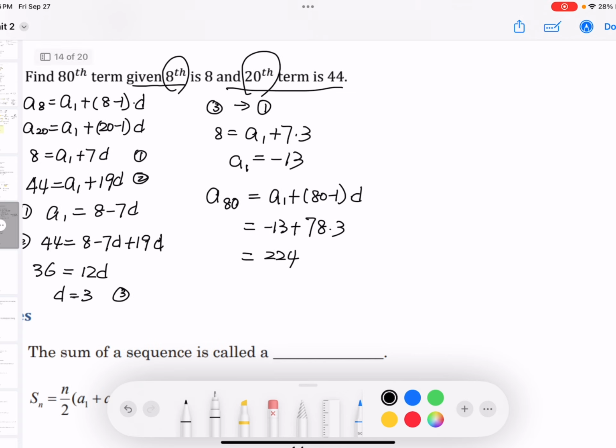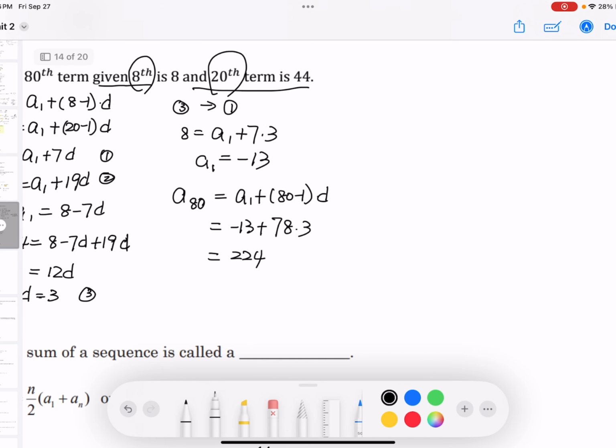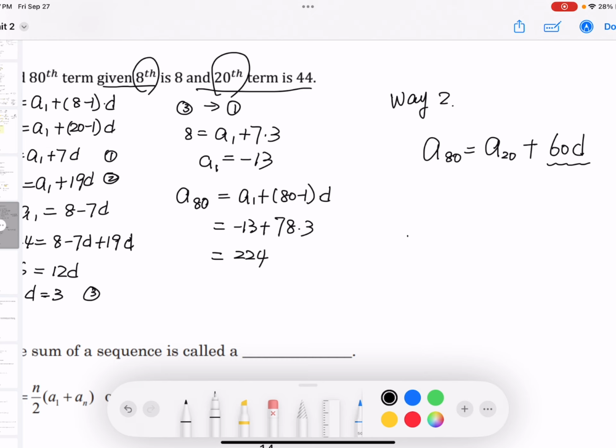And here is another formula. This is way 2. If I'm looking for a sub 80, it is equal to a sub 20 plus 60 times d. Because from term 20 to term 80, if you have a sub 20 and this a sub 21, here you plus the d.